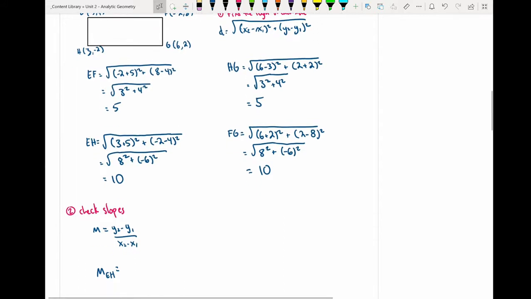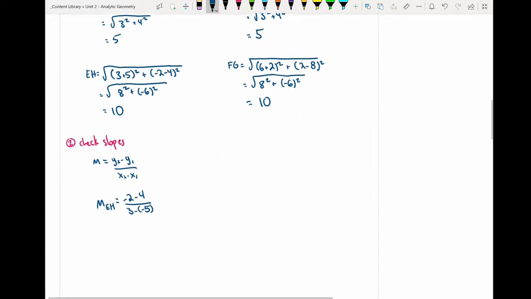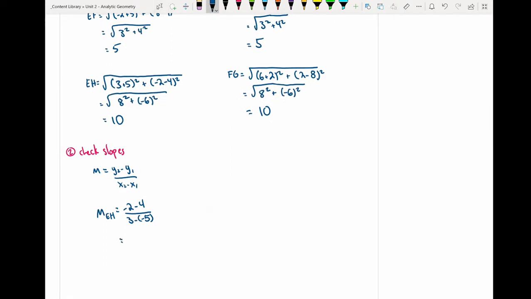-2 minus 4 over 3 minus -5. And when I simplify that, I get -6 over 8, which reduces to -3 over 4.